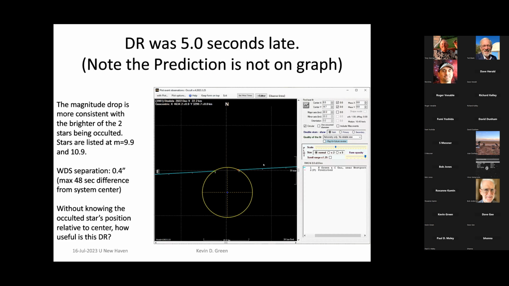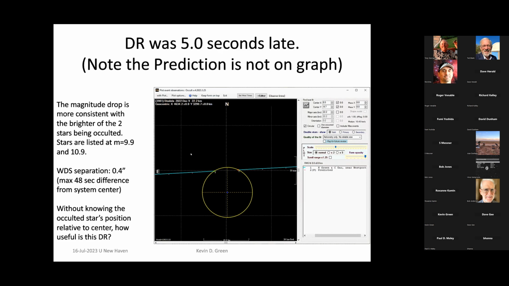It's clearly a double star system, and the predicted path is not even on the graph here. I think it's way down south from the graph itself, because it was a little too far off. If I go to the Washington Double Star catalog, I see that there are 2 stars listed. One's magnitude 9.9, one 10.9.